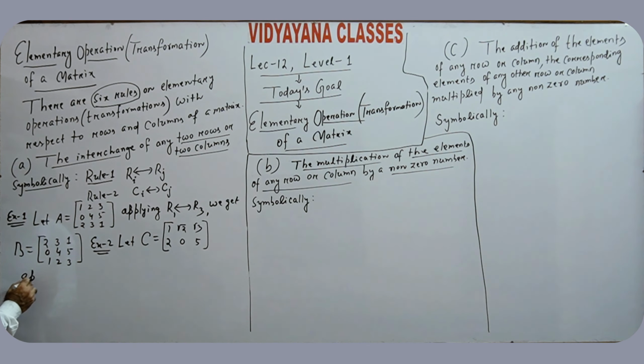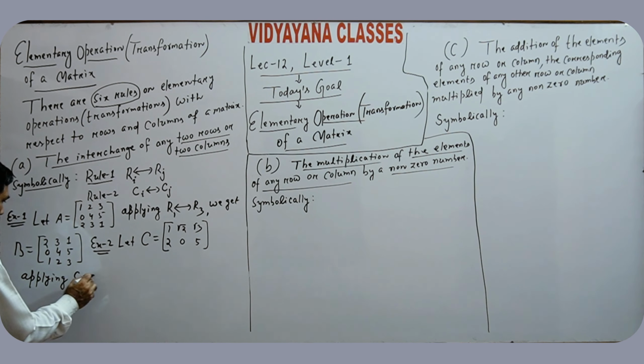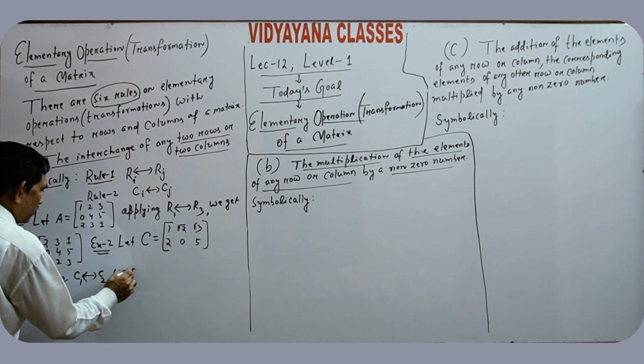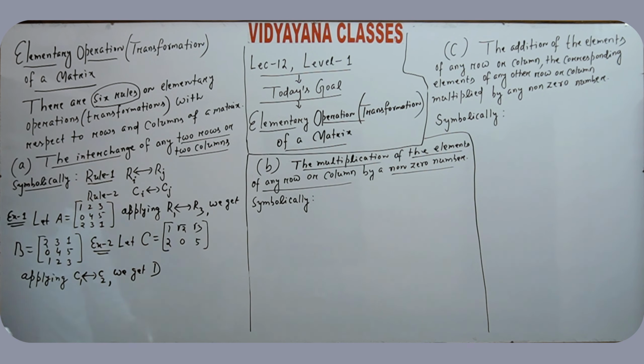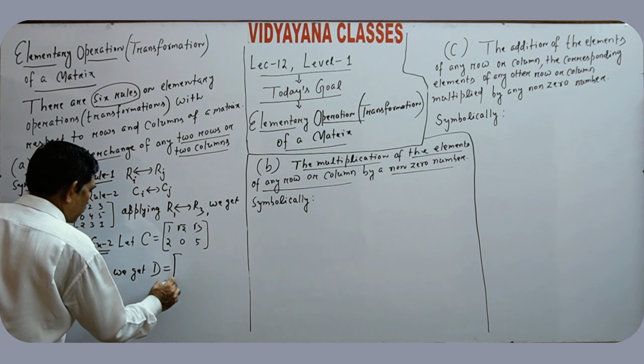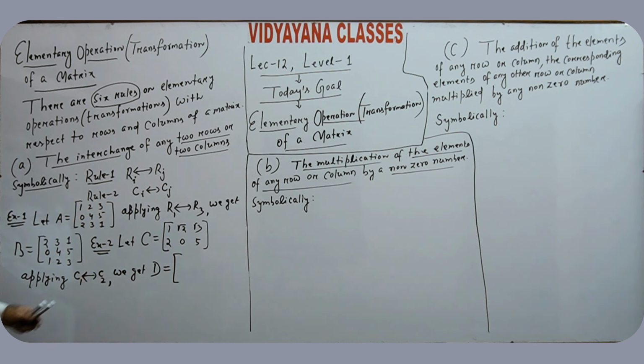Applying column 1 is replaced by column 2 and column 2 is replaced by column 1, we get another matrix, that is D. Column 1 is replaced by column 2.